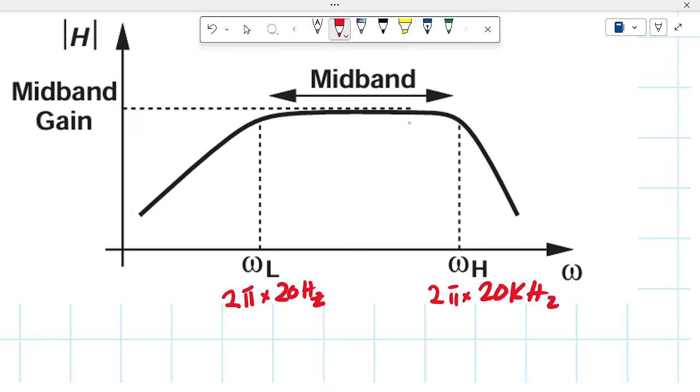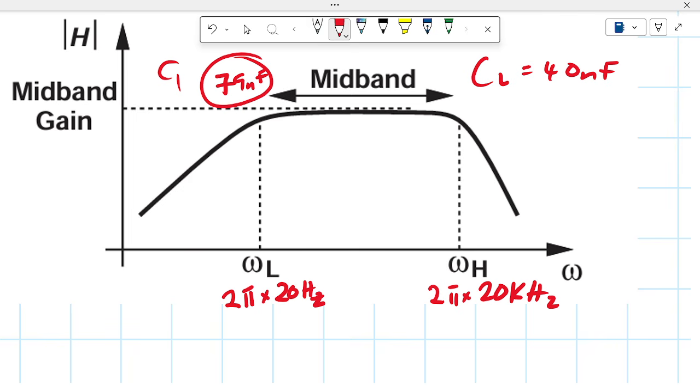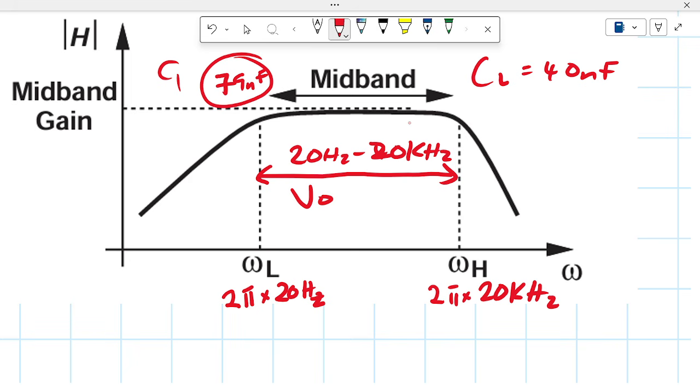So the system we design, if we put a capacitor value of 79 microfarad at the beginning, C1, and the load capacitance introduced is up to 40 nanofarad, then we could have a bandwidth or allowed frequency between 20 hertz and 20 kilohertz, which is what we call the voice band.